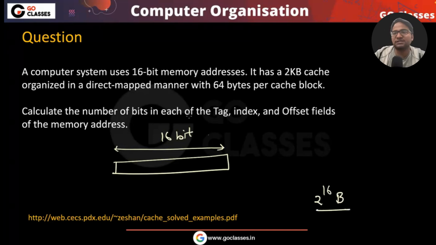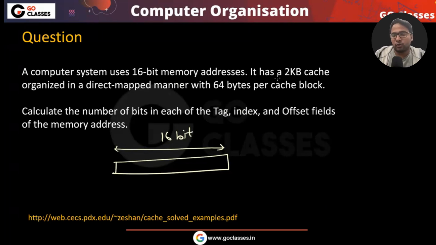With 16 bits, you can represent 2 power 16 different numbers. And each of these addresses is a byte address because memory is byte addressable, so we have these many bytes. So 16-bit means these many bytes, or vice versa. Hope you already know these things, right?